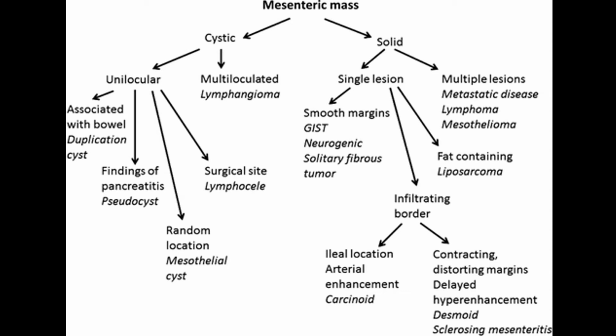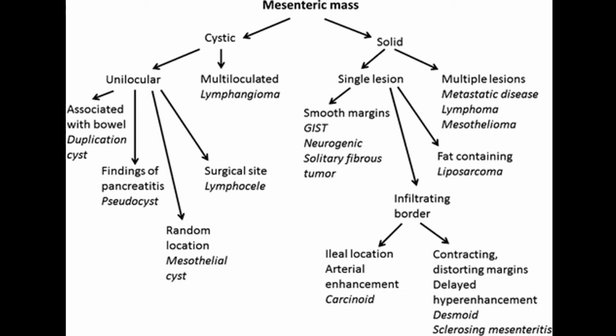But if it is, again, distorting margins but delayed enhancement, then you think of desmoid tumor or a sclerosing mesenteritis. The mesenteritis alone will not be having this tethered border and all that, but a sclerosing mesenteritis will have a mass-like lesion with some sclerotic margin.